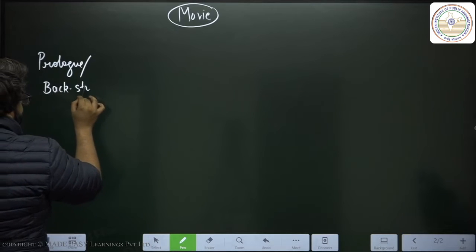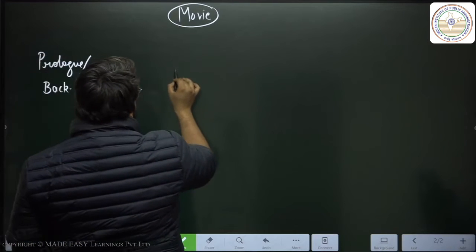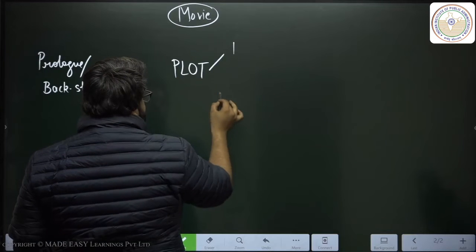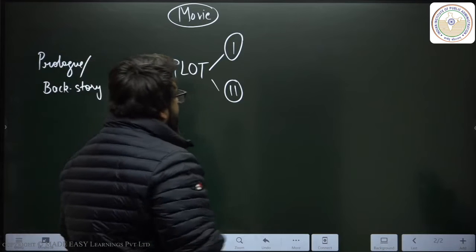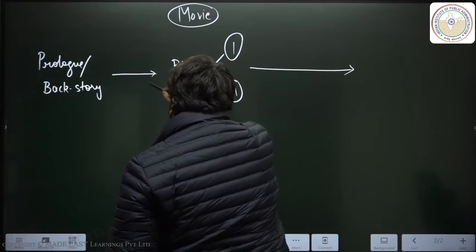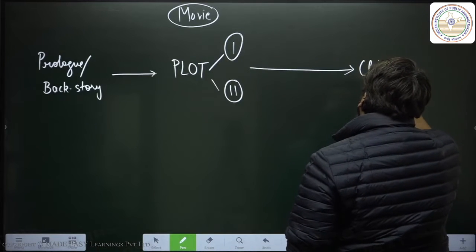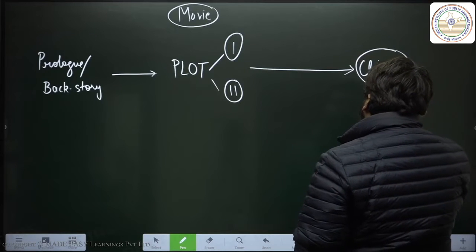This backstory will then lead to the formation of a plot. In our case, we've got 2 plots, plot 1 and plot 2. And then both of these plots will merge, and then what we will have is the climax of the movie, the suspense or the end of the movie.